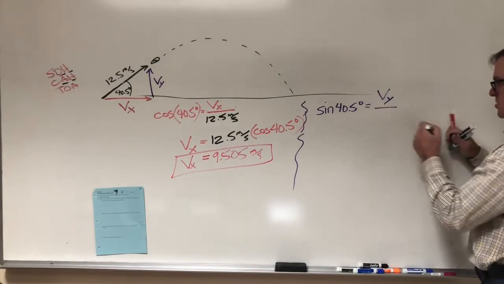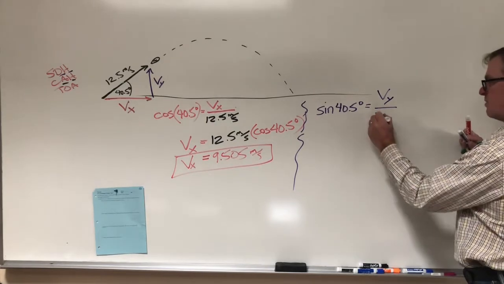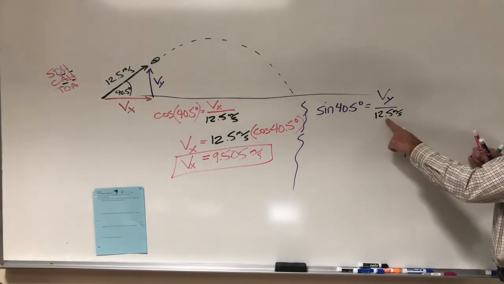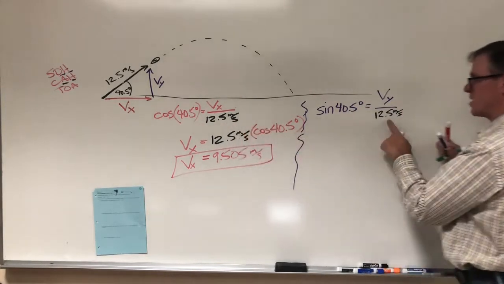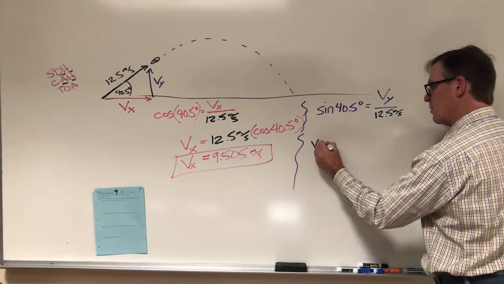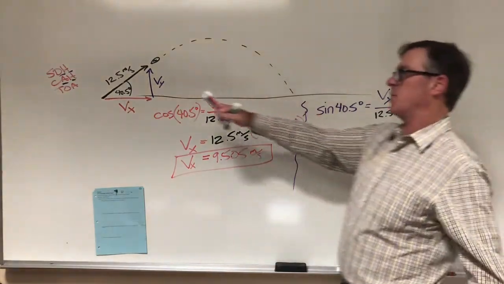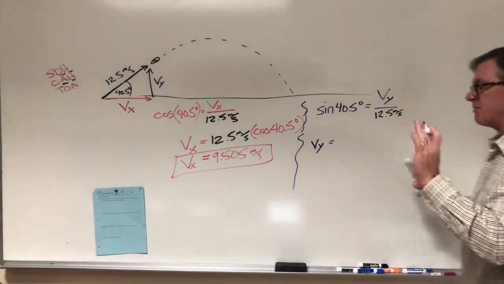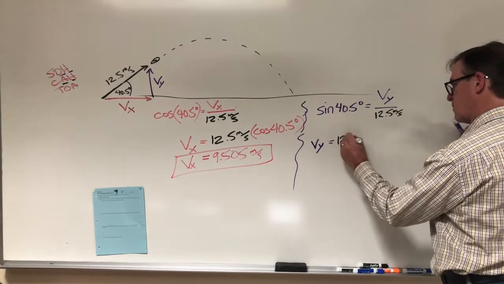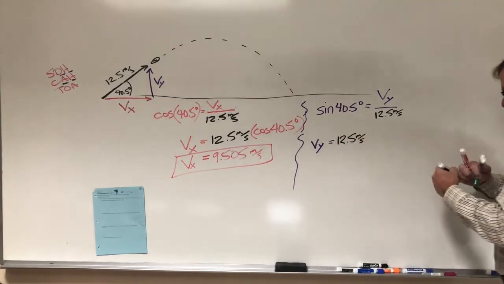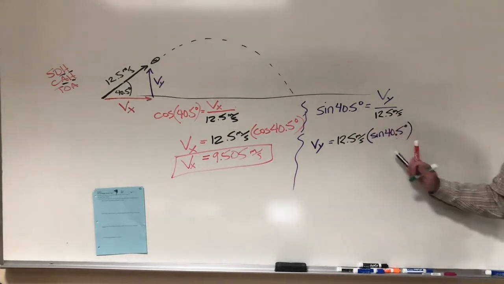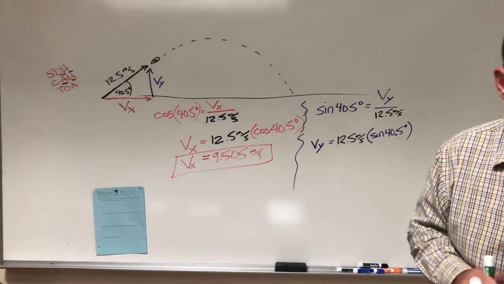And the hypotenuse is known to us to be 12.5. So we can solve this for Vy by multiplying again, like we did here, to get rid of the denominator, and multiply by 12.5 meters per second. So the y component of the velocity, the part of this 12.5 that is purely up and down vertical, is going to be 12.5, the hypotenuse, times the sine of the angle. And when we put that in our calculators, we get 8.118.